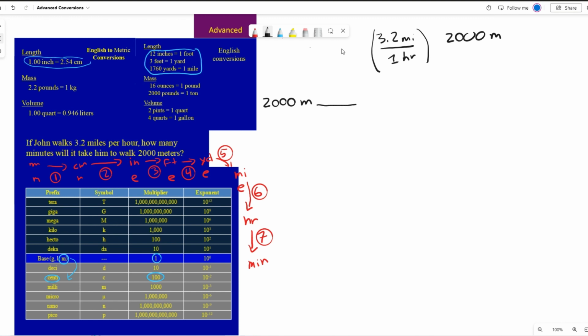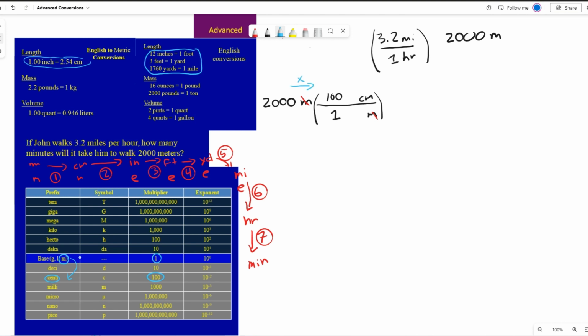So we have 2,000 meters. We'll set up our conversion. Meters will go on the bottom, centimeters on the top. And we can see down here, meters is the larger unit, so that'll be the 1. And the centimeter is the smaller unit, so that'll be the 100. We're set up so that meters and meters cancel out.